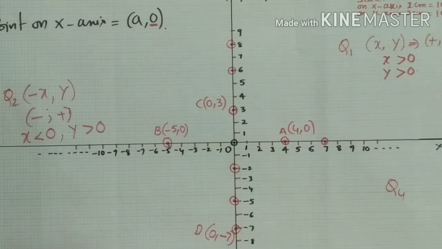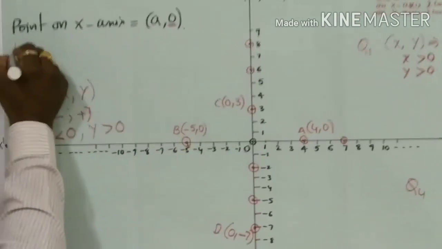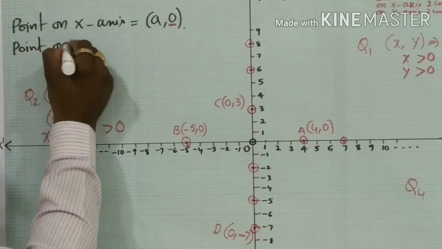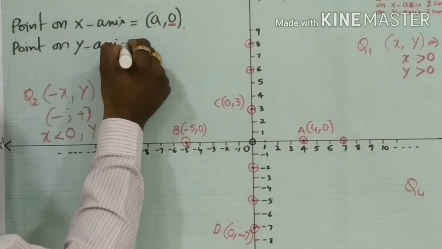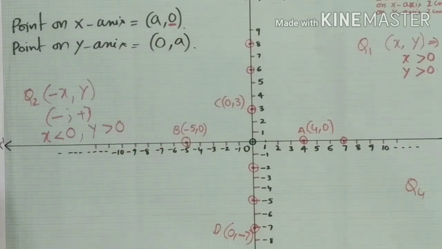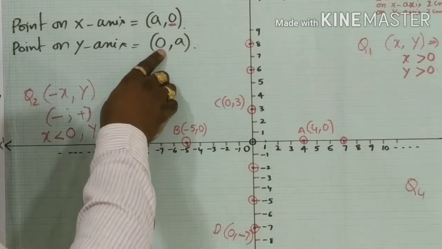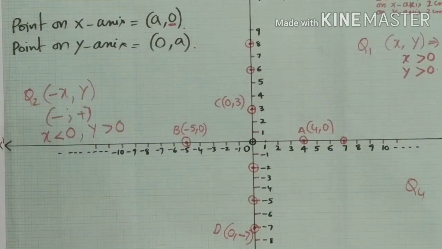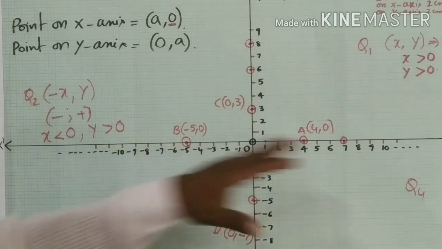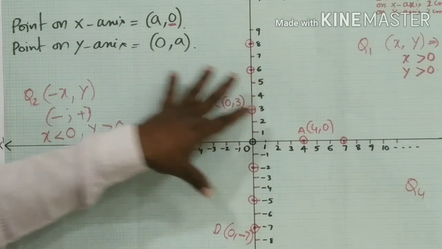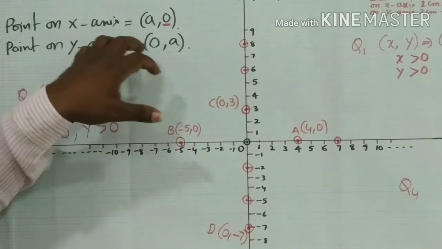Then simply we can write that a point on the y-axis is 0 comma a. So in this point on the y-axis, the abscissa is 0 and the ordinate can be any real number. So, a point on the x-axis and a point on the y-axis: this is the way you have to look at it on a graph paper.